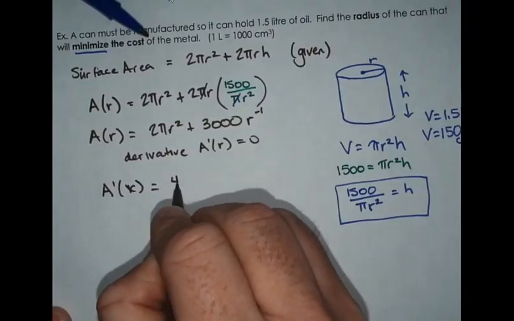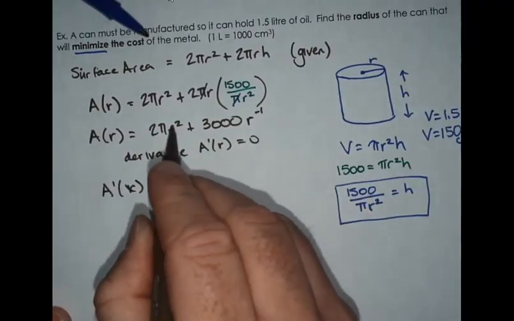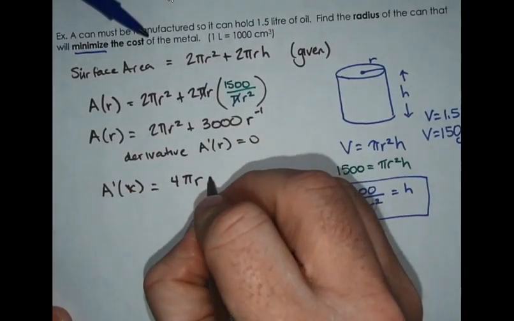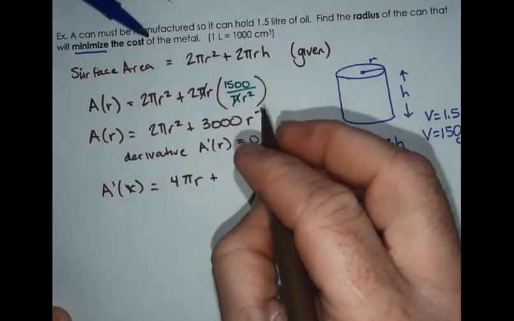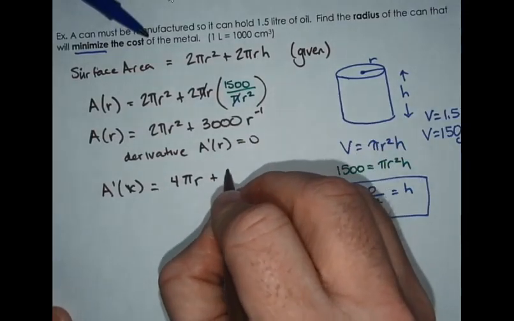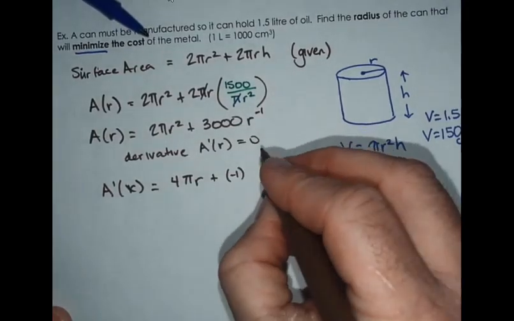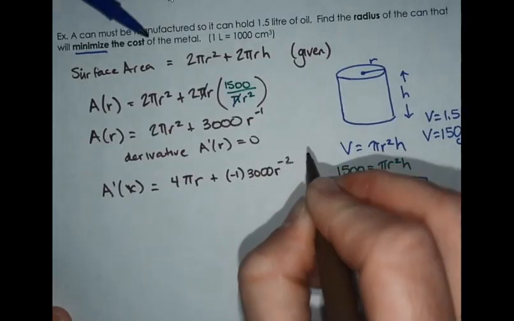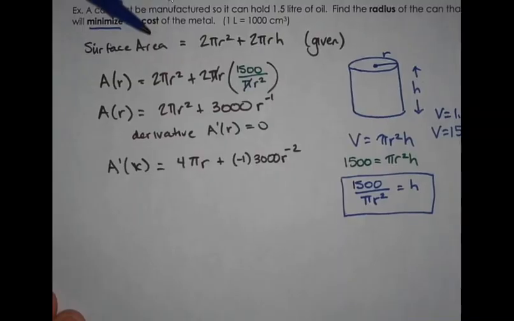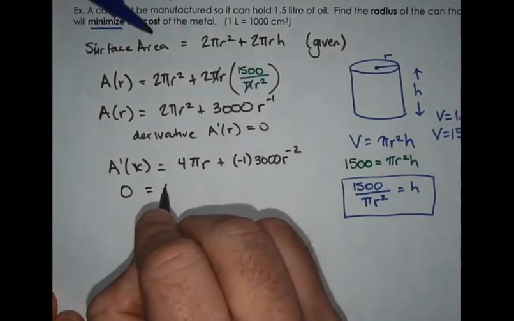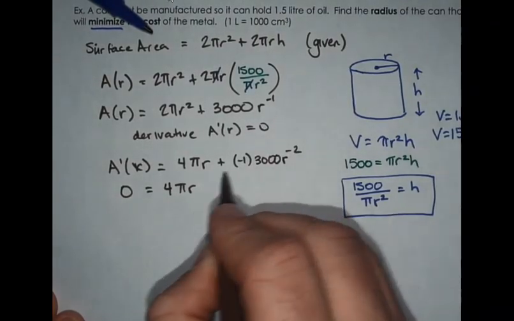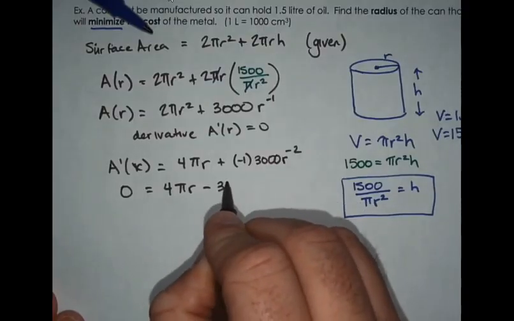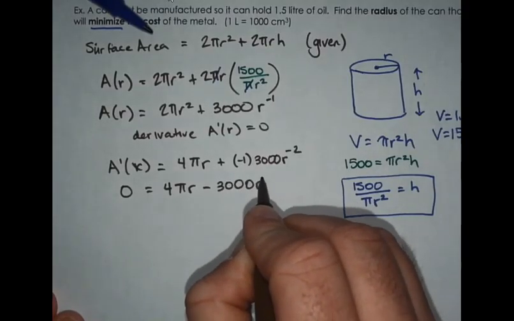So the derivative of that would be 4 pi r plus -1, because we're bringing the negative out, times 3,000 r to the -2. We're going to set that equal to 0. Simplify this: -3,000 r to the -2.